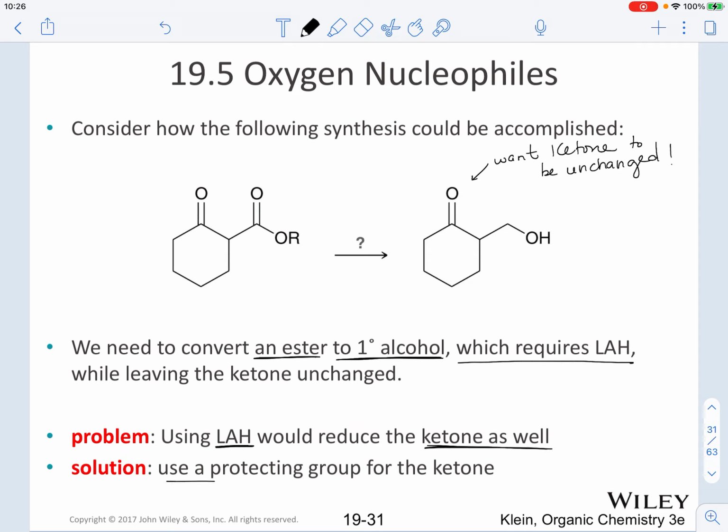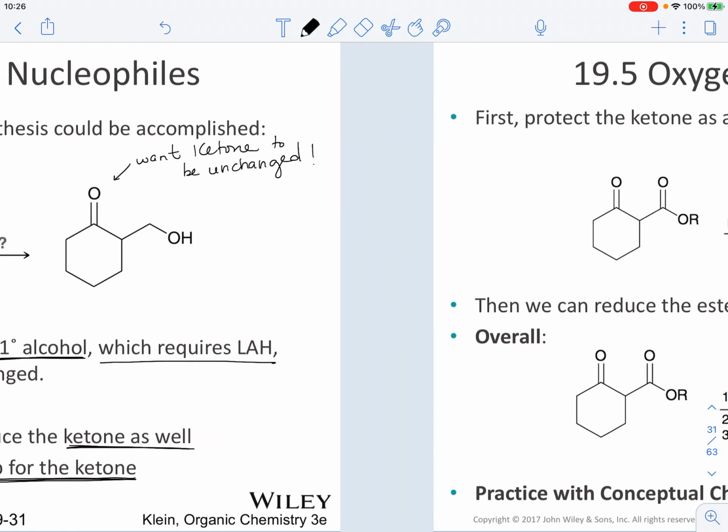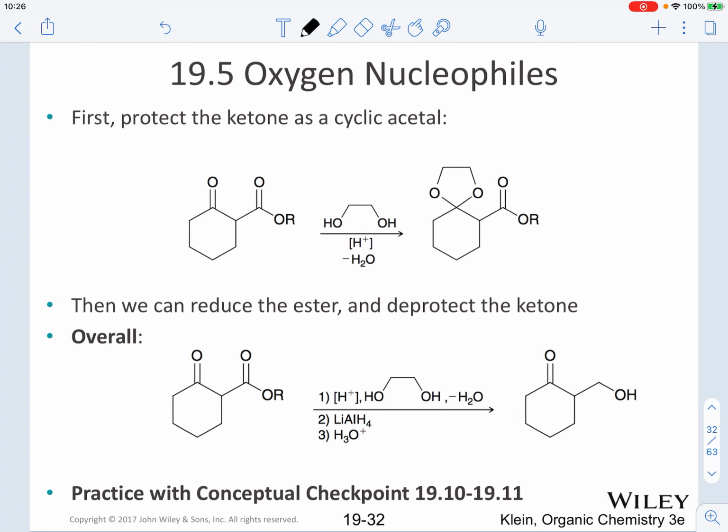Well, we can use specifically a protecting group for the ketone, so that when lithium aluminum hydride reacts with the molecule, the ketone is masked. It's kind of like we're going to put a hat on it in order for this reagent to not see it during the reaction. So how do we go about this?